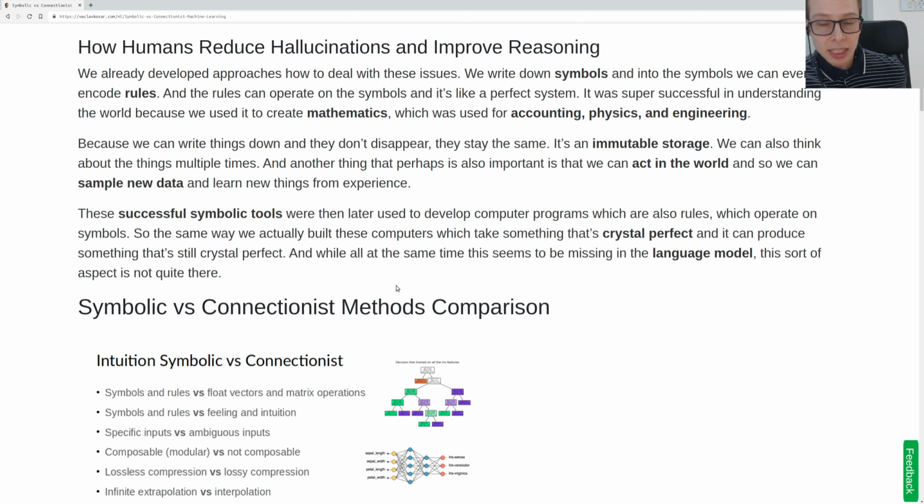And we can as well execute the rules like laws. We've started to write down laws and execute the laws such that there's some sort of structure in society. And we also developed mathematics, which led to extremely successful other things like accounting, physics, engineering, software engineering.